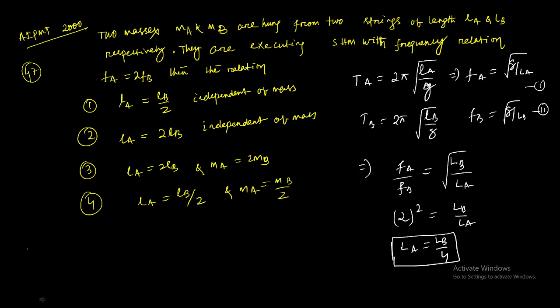I just made a mistake when writing the option. So this is given as LB by 4, right? So option number 1 will be correct, and obviously this is independent of mass. Frequency is independent of mass. You can see the time period and the frequency also are independent of mass, right? So option number 1 will be correct, LA equal to LB by 4.